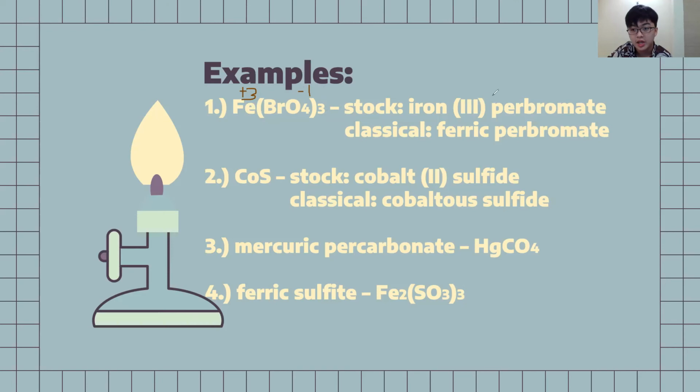So Fe is iron with the Roman numeral III, plus BrO4, which has one more oxygen atom than bromate, so perbromate. So the answer is iron(III) perbromate.